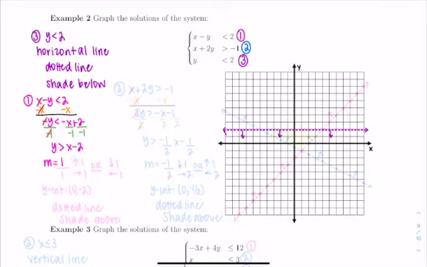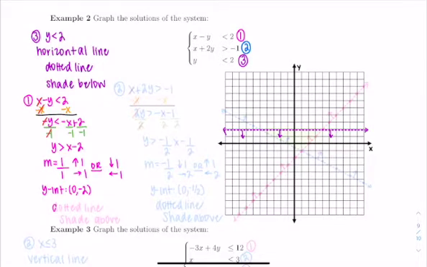My slope is 1 over 1, which means I'm going to go up 1 unit and to the right 1, or we can go down a unit and to the left 1. And my y-intercept is the point (0, negative 2).